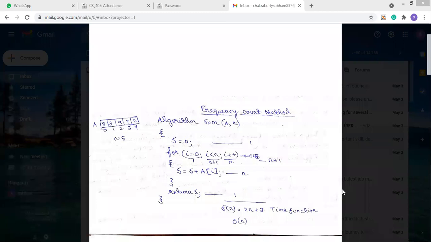To define this, we have written algorithm Sum(A, n). A is the name of the array and n is the size of the array.